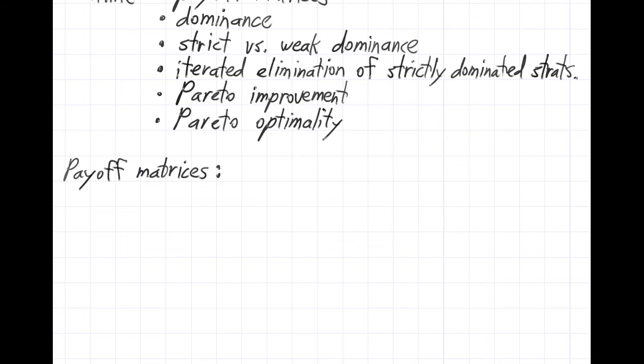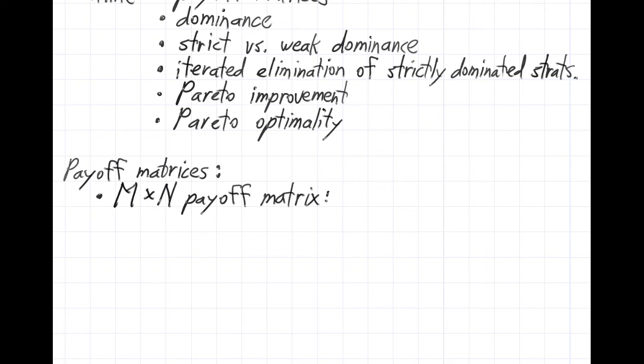I just want to make a point here about how you describe a payoff matrix. So you'll often see something written as or said to be an M by N payoff matrix. For example, you might hear us talk about 2 by 2 matrices.